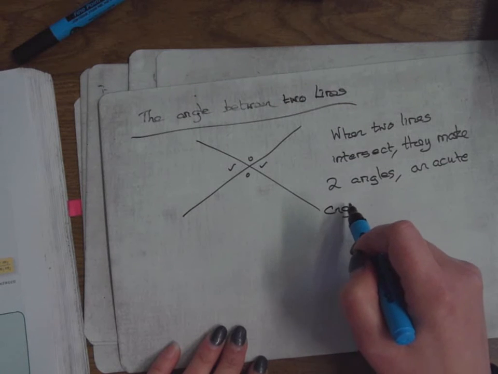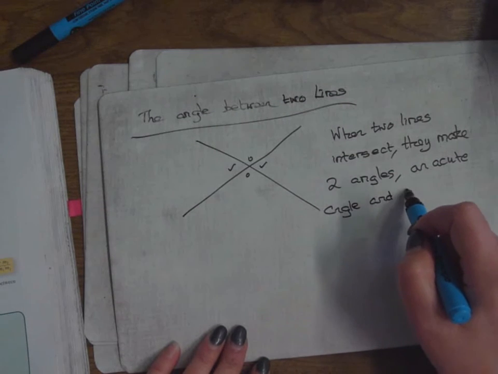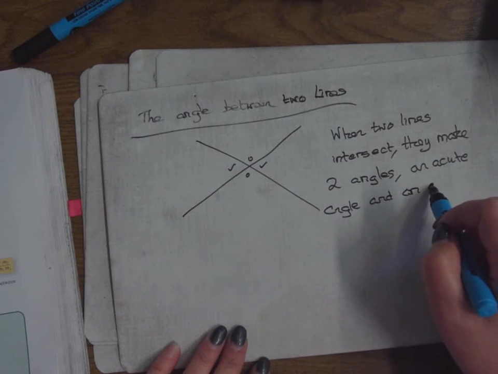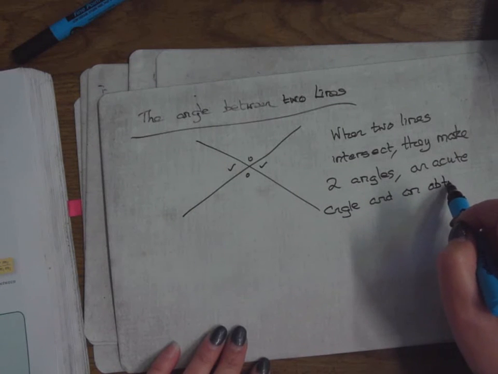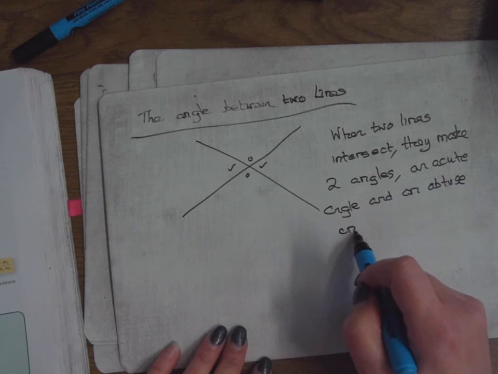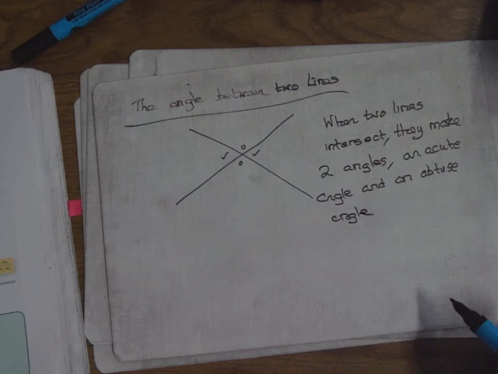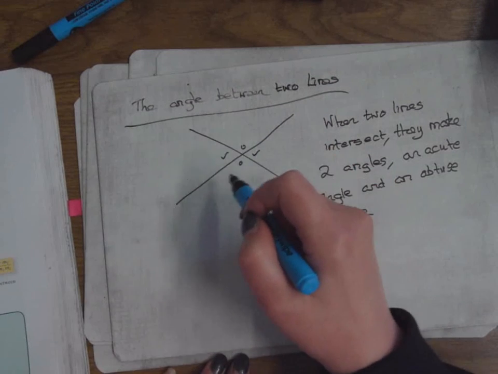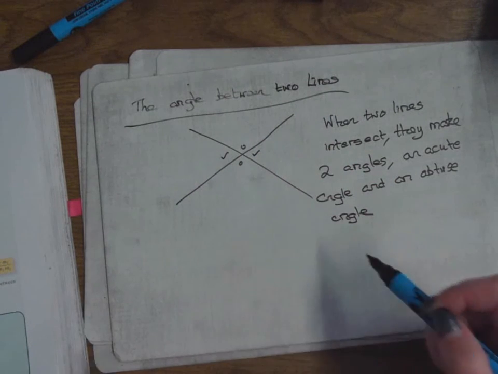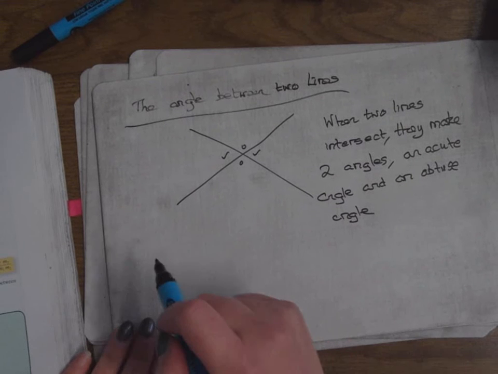And obtuse means somewhere between 90 and 180. So when two lines intersect, they make 4 angles, 2 pairs of angles, a pair of acute angles and a pair of obtuse angles. Yeah, is that okay? Right, okay.